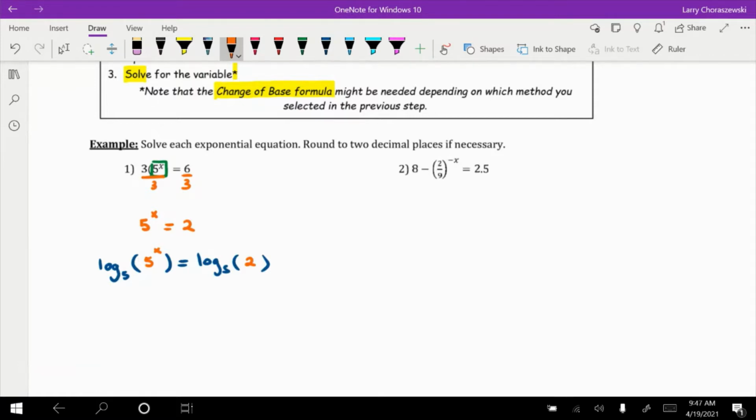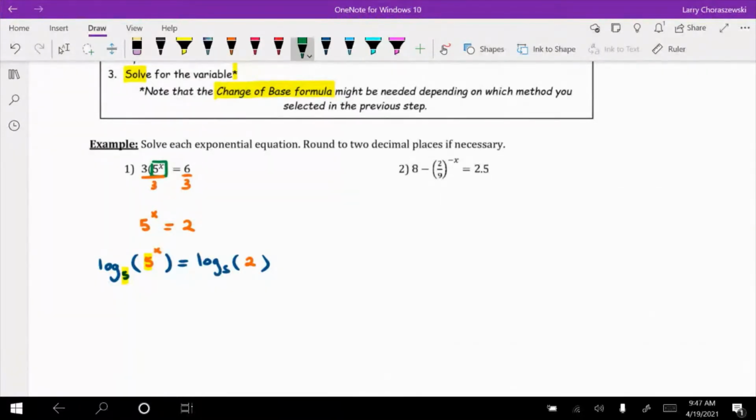Now, why do you think I chose to use the log base 5? I'll give you a hint. Look at the left-hand side. The base of the log matches the base of the exponential. What did we just review about this kind of format?